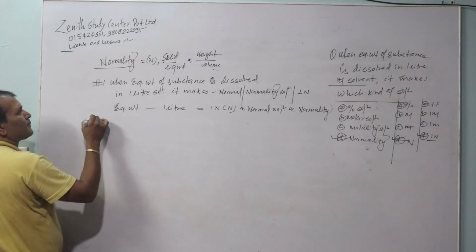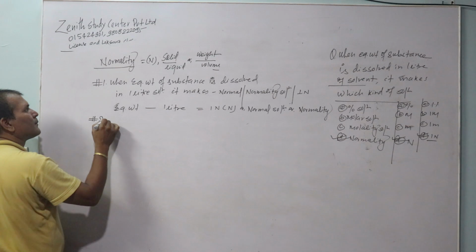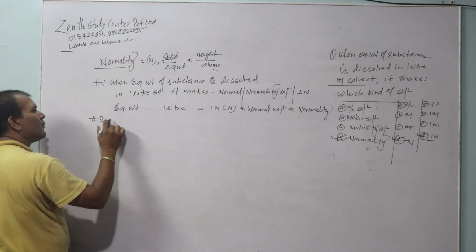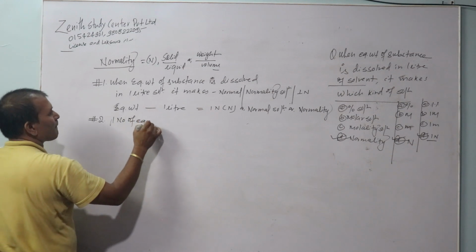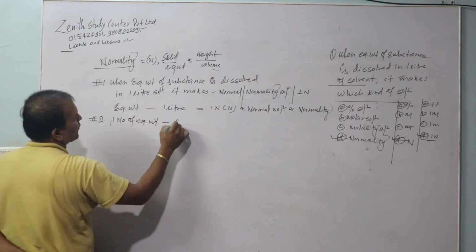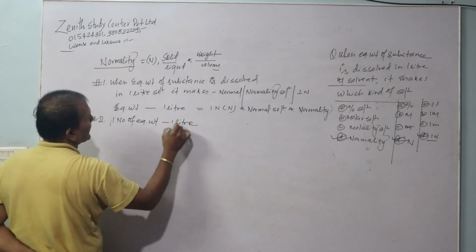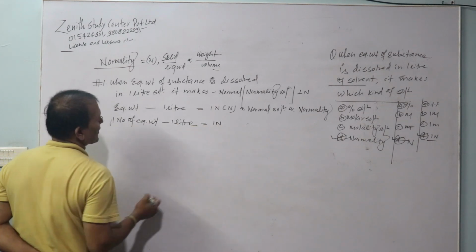Point number 2. One equivalent weight, when dissolved in 1 liter, always makes 1 normal.